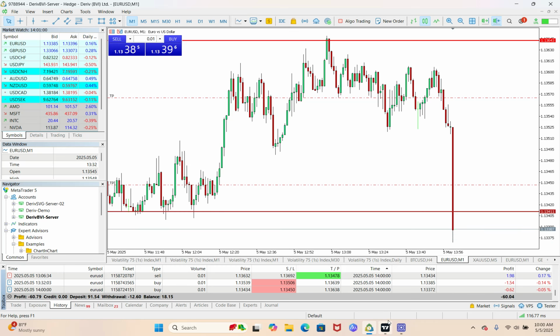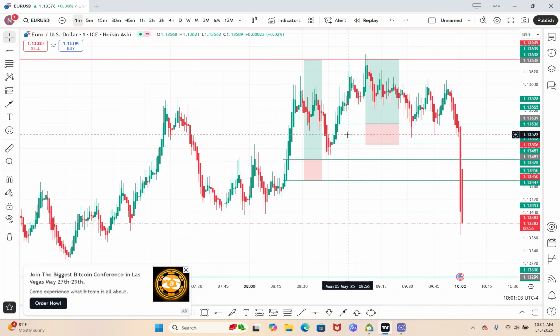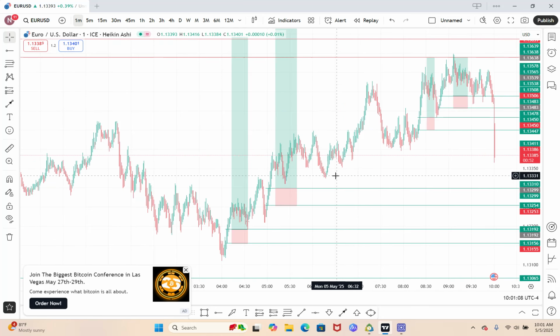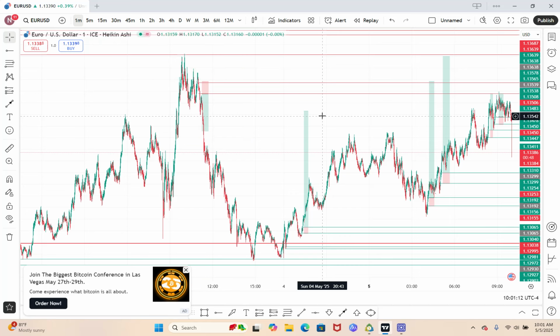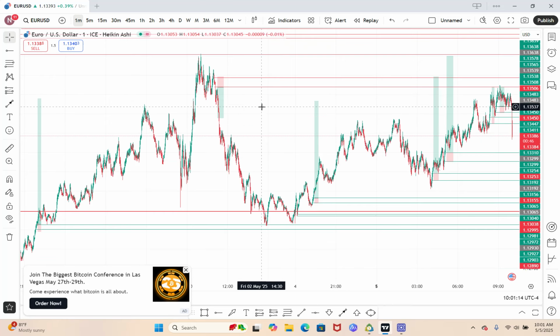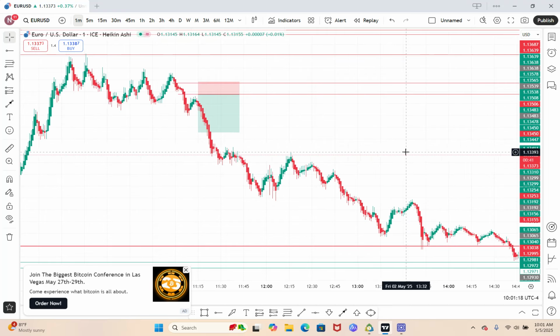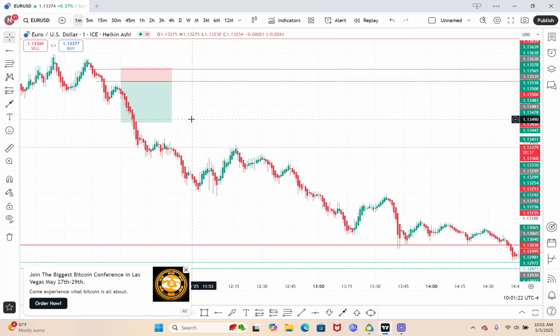Let's see. Back to TradingView. So the market went through this trade and this trade. This one win. Right? So as you can see, big sell. Big winning sell trade to close the day. So in this area, sellers were in charge.